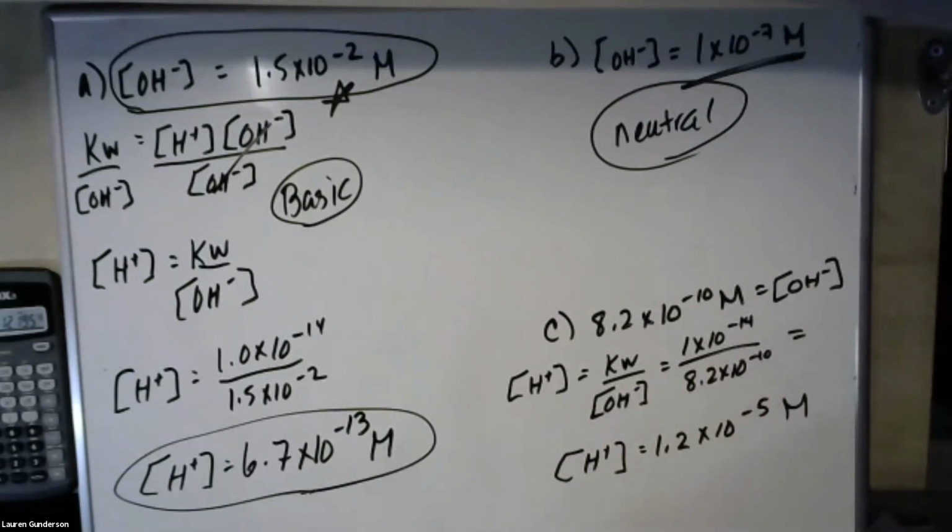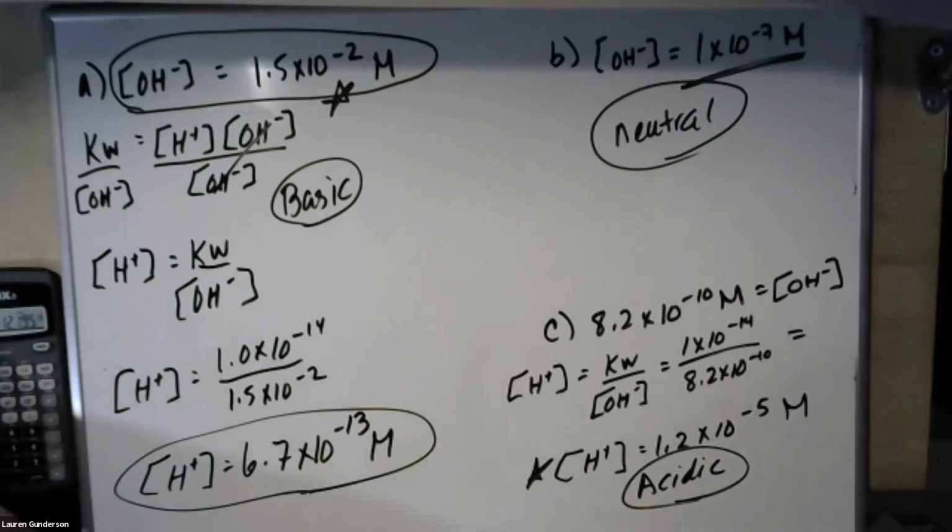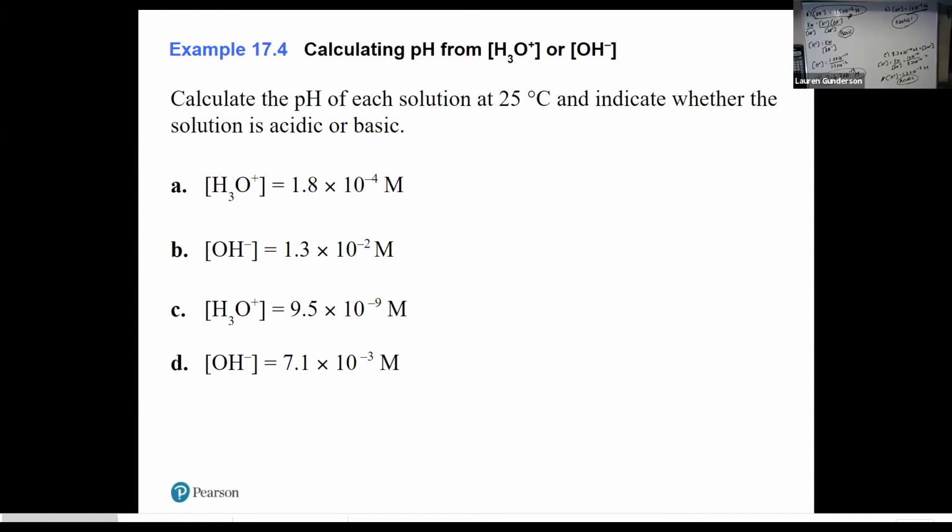So when we compare our hydroxide ion concentration to our hydrogen ion concentration, we see that our hydrogen ion concentration is larger, and that makes the solution acidic. So hopefully that seems pretty straightforward. Now we're going to do some pH calculations, which are fun.